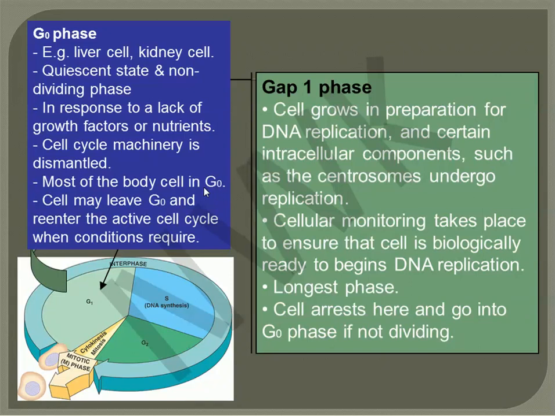When the cell is ready, for example when you have an injury, the cell is ready to go into the division phase. So they leave the G0 phase and enter into the G1 phase. In conclusion, in G1 the cell is active in synthesizing enzymes and proteins, and is also accumulating energy for the next cycle.